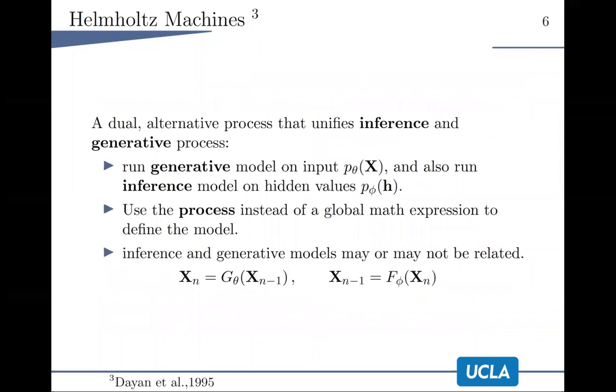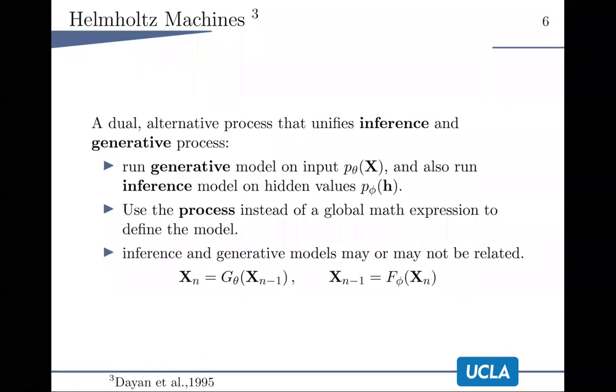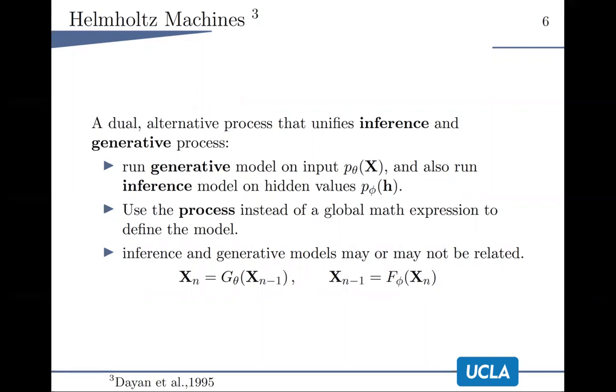And there are other models such as the Helmholtz machine, and this machine is somewhat similar to what we have in mind as a deep generative model framework. It has the design of unifying an inference and a generative process, to run a generative model on the input X, and also run the inference model on the hidden values.